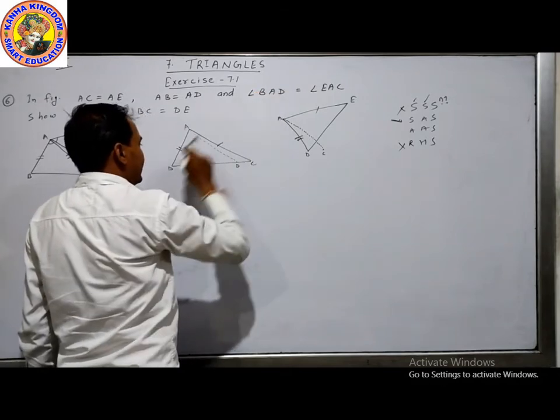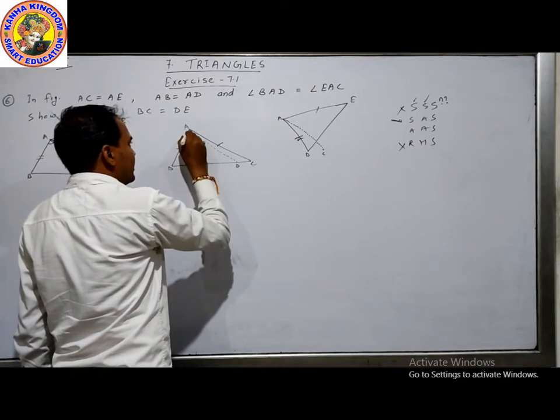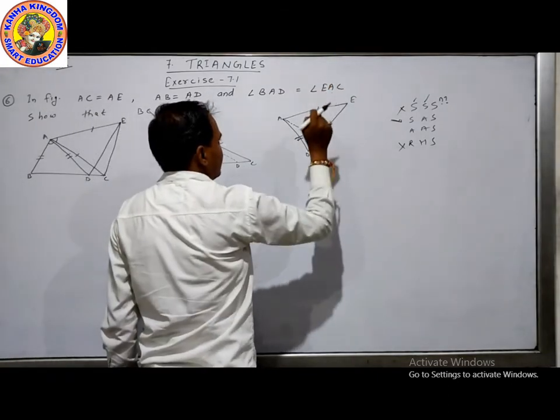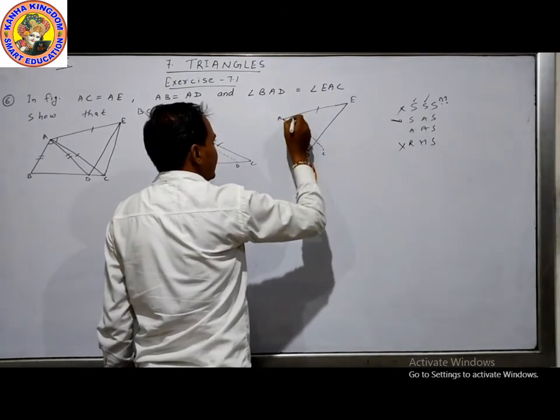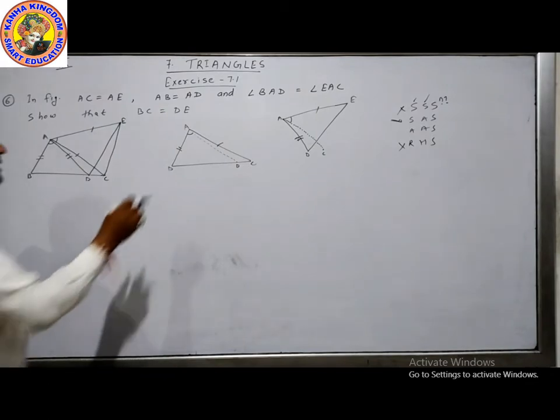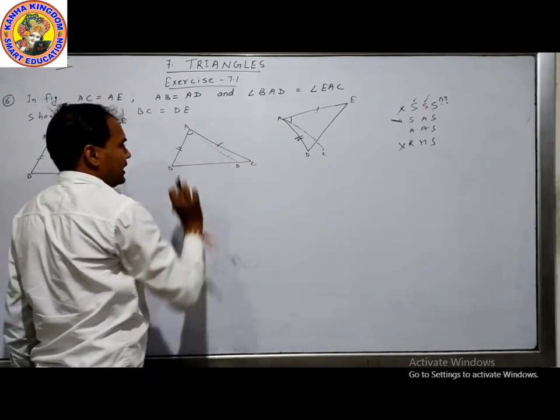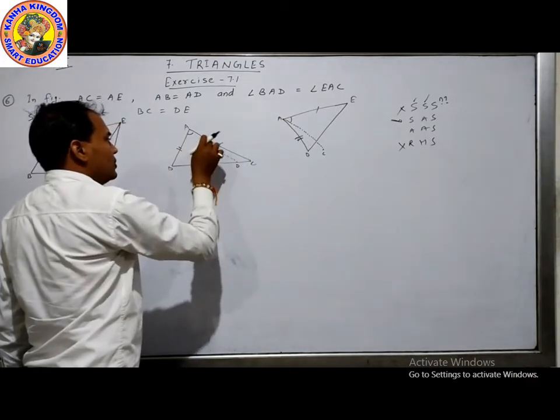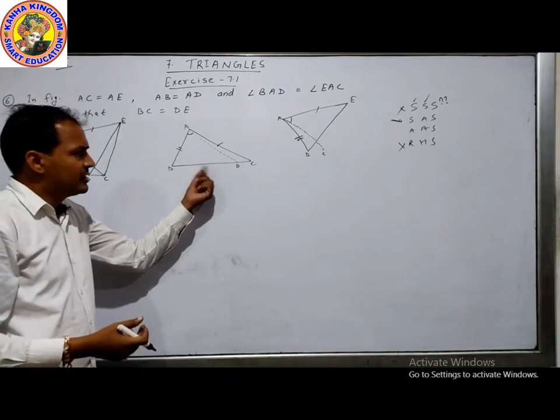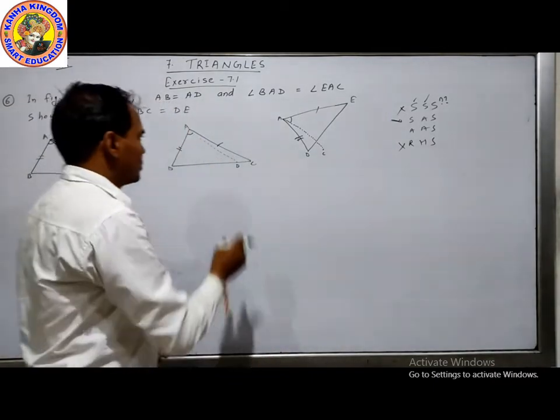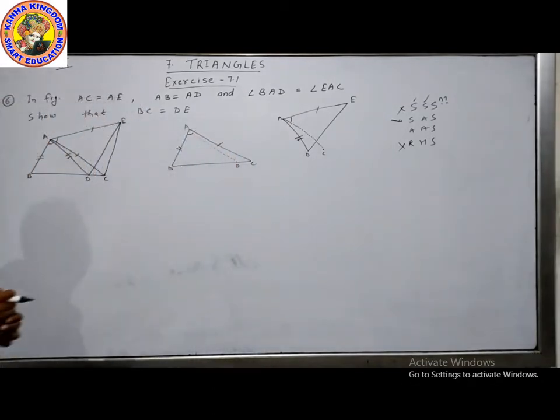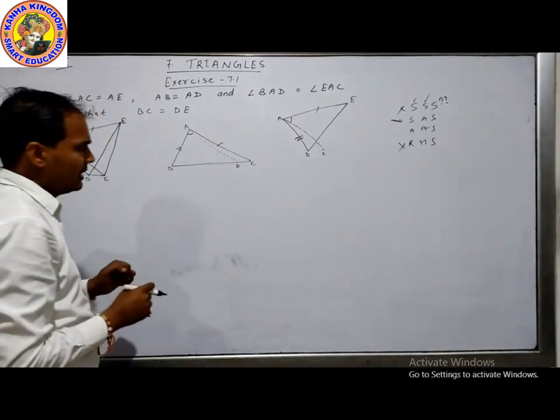Angle BAD and angle EAC. Only half of these angles are equal, not the full angle. If we prove that this full angle is equal, then as per the rule we have congruency, and using CPCT the third side will be equal. So half the angle is equal, and we have to move on to show that the full angle is equal.